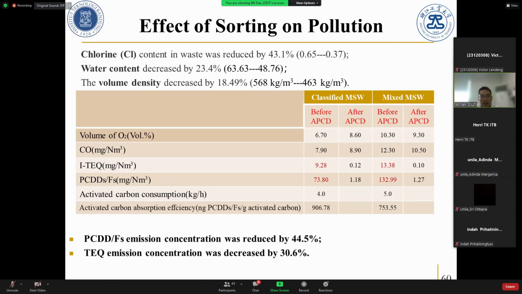As I mentioned last class, the industrial operation is roughly 6,400 hours per year. If you use better quality fuel, the maintenance time will be reduced and the operation time will increase. So it also increases the benefit or profit for the companies, for the WTE plant.